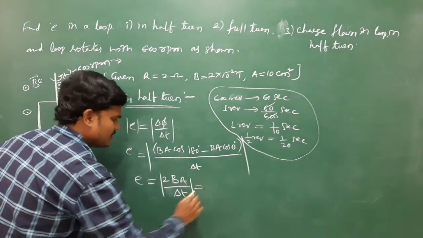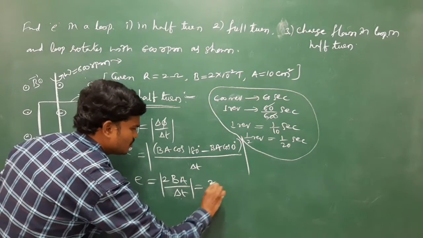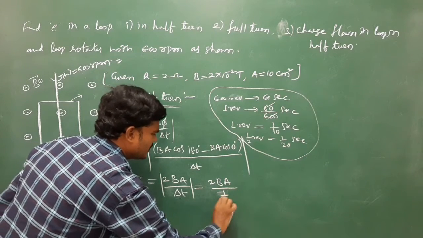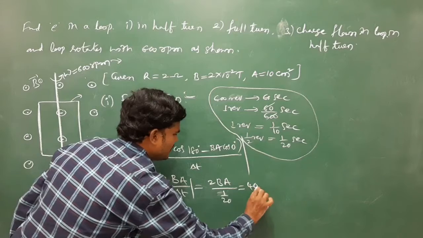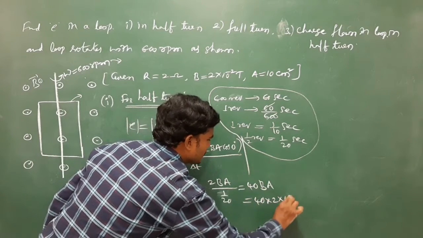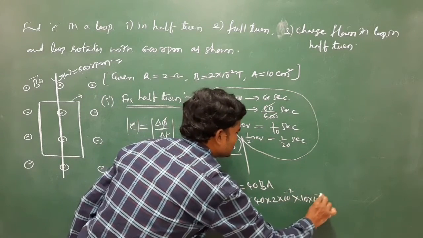Now delta t is how much? For half revolution, 1 by 20. So 2BA by 1 by 20 gives 40BA. B is given as 2 into 10 raised to minus 2, and the area is mentioned as 10 centimeter square, that is 10 raised to minus 2.